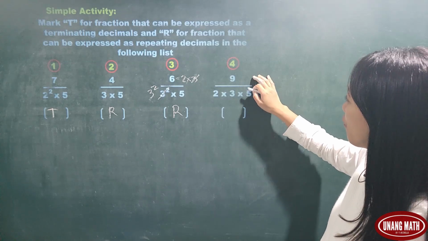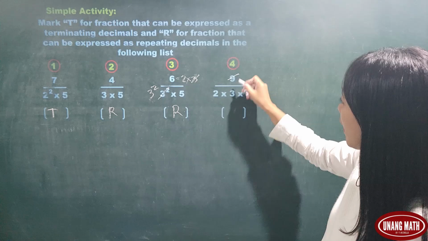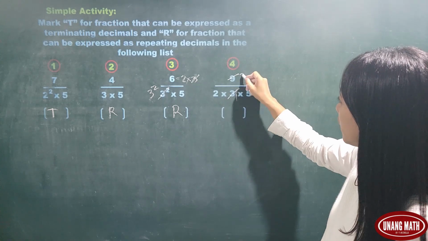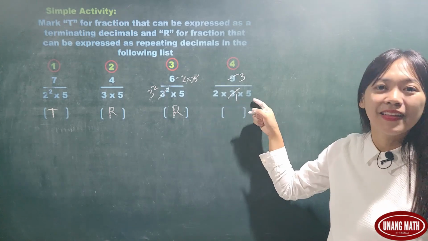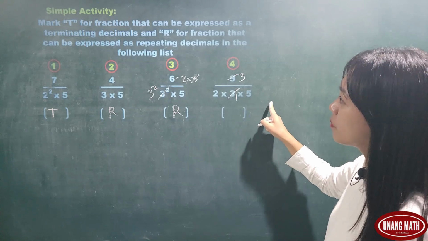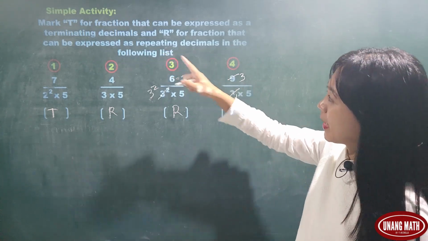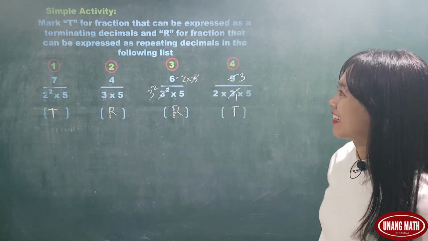What about number 4? 9 over 2 times 3 times 5. If we simplify, this becomes 1, this is 3. So we have 2 times 5 in the denominator. This fraction can be converted to a terminating decimal.